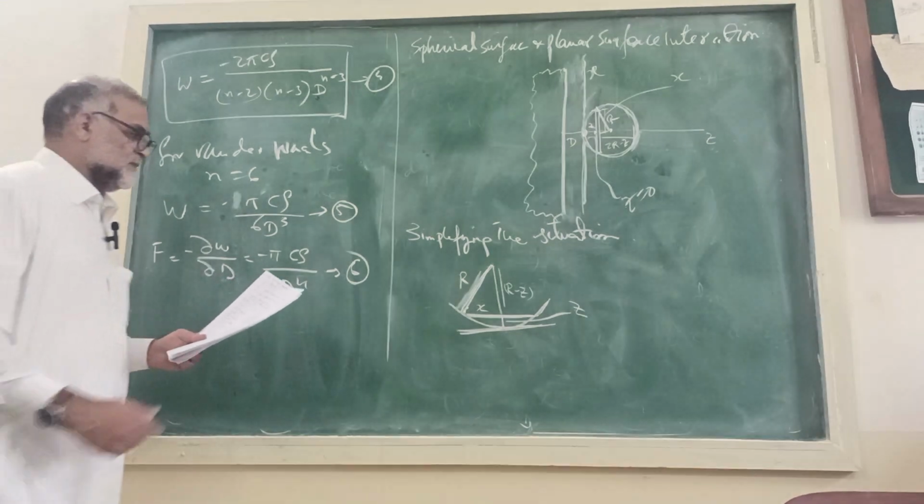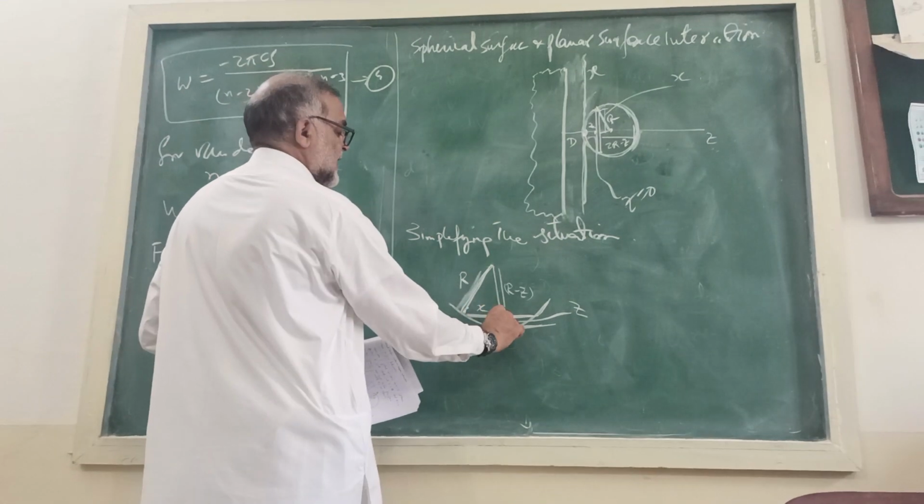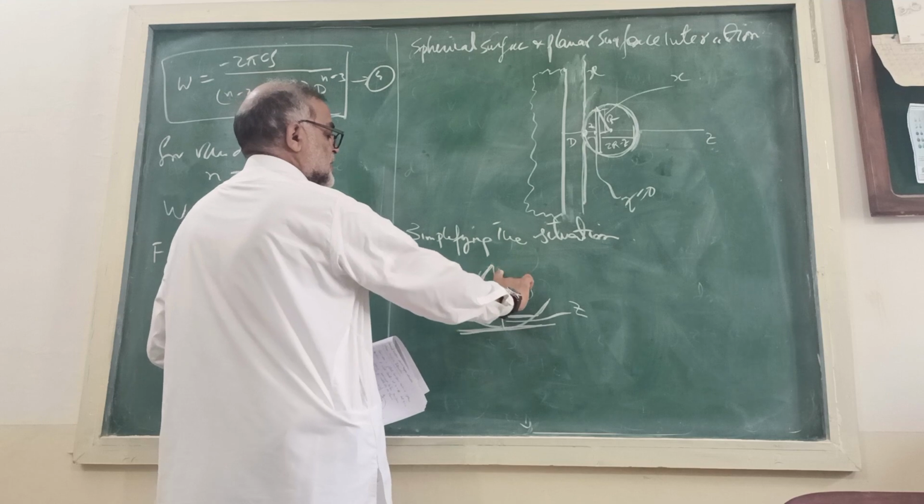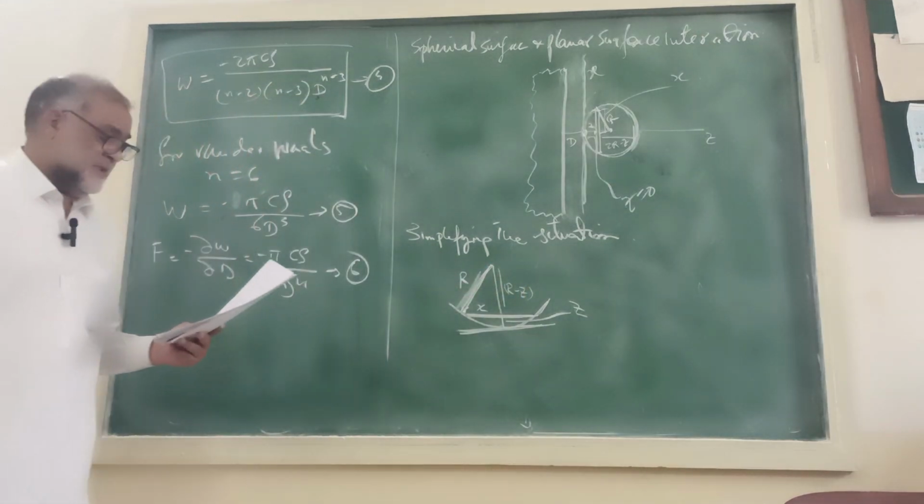Right? Something like that. This is z. This whole is r. So this is equal to r.